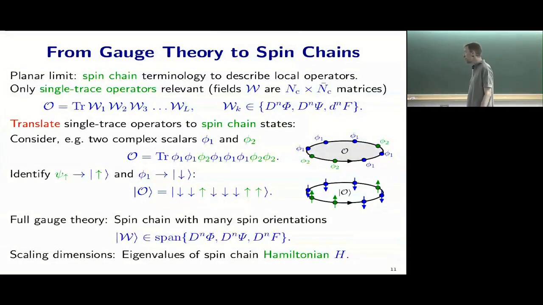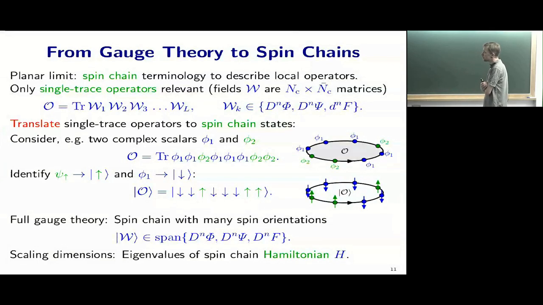Of course, it's a little bit more complicated than that, because you don't only have these two fields, but actually all other fields as well, and any number of derivatives acting on them, which gives you infinitely many spin orientations to choose from, and then you can construct more complicated spin chain states. But in this picture, you will be interested in the spectrum of this spin chain.